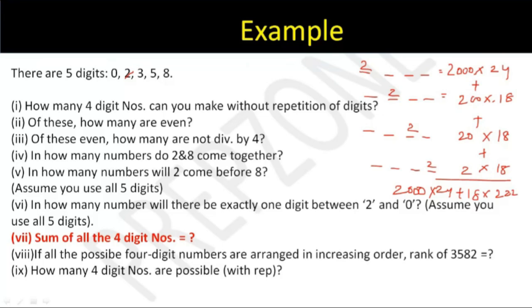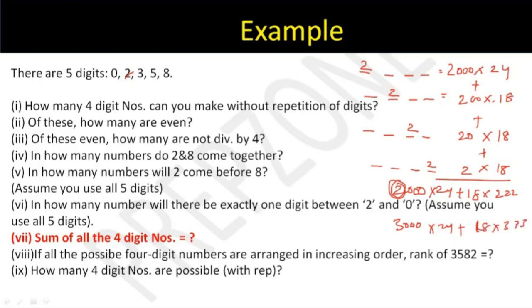Similarly, if I have to do it for 3, 5 and 8, can I simply say that for 3, instead of 2 it will be 3, right? So this is nothing but 3000 into 24 plus 18 into 333.